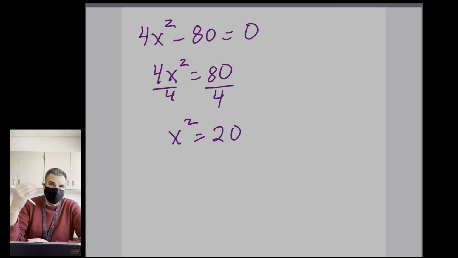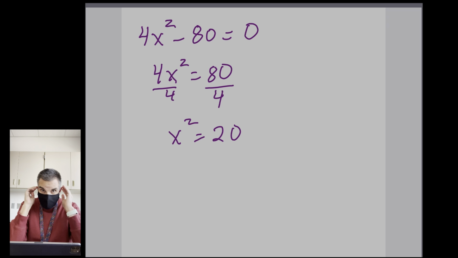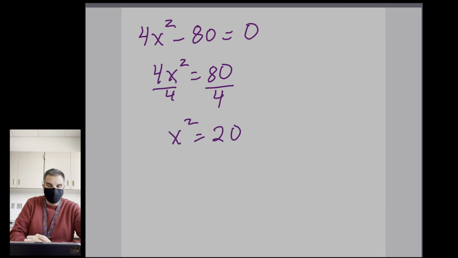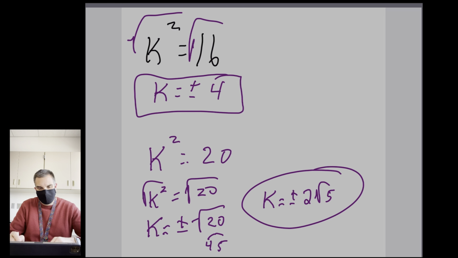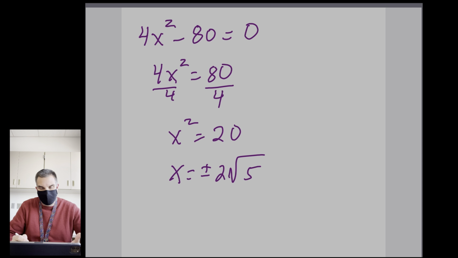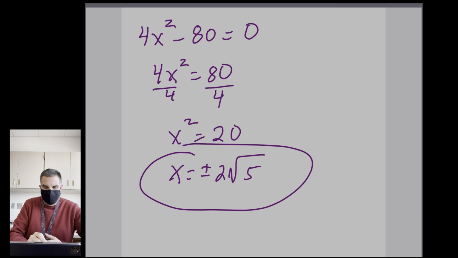Now we're set up just like we were in the last examples. We're just going to take the square root of both sides, and it's 20, which we just dealt with. So then x would be equal to positive or negative 2 radical 5. We just did this with k and just made it x in this case, and that's our solution. But it really does come down to we have to isolate first. That means getting your x squared on one side, everything else on the other side.